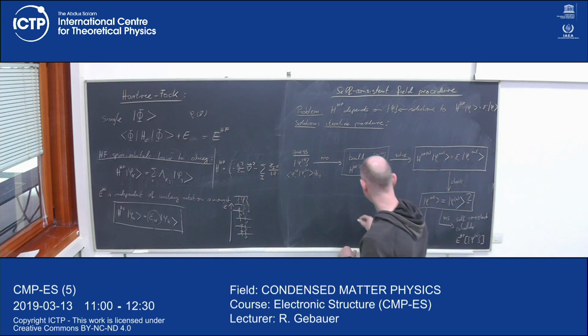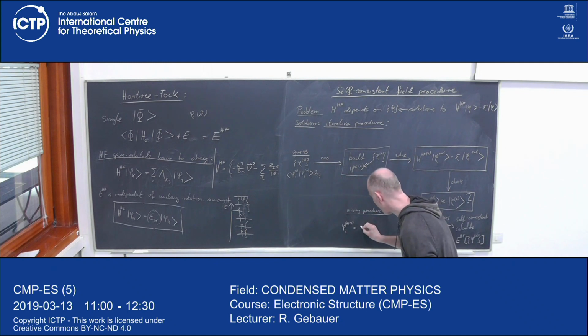What one needs to do is a mixing procedure. So you say that phi, your next guess for n plus 1, will be alpha times phi i out, the one you just got, plus 1 minus alpha times the ones you had before.